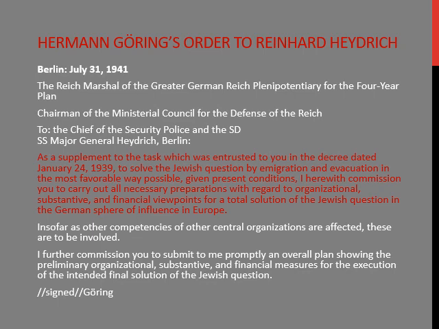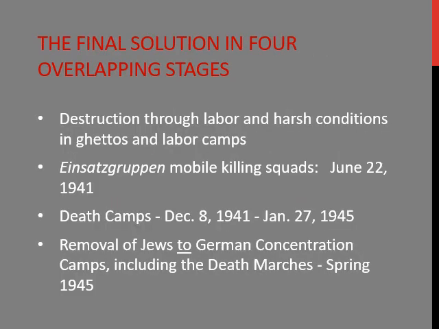And now he says, with this new opportunity, I commission you to carry out all the necessary preparations, and let's bring about the total solution of the Jewish question in the German sphere of influence. And so Heydrich is going to be the point man here.